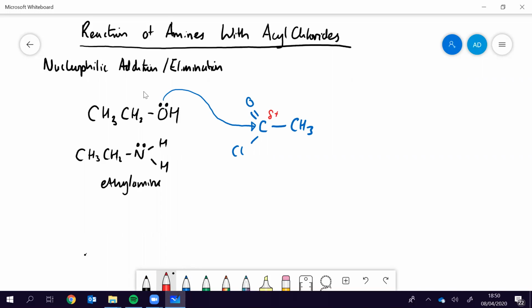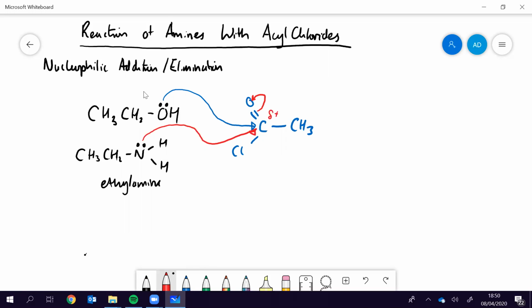In the case of the amine, the nucleophile is the lone pair on the nitrogen this time, going to attack that carbon there. And in both cases, once they form a bond with that carbon, you're going to break the pi bond. So the mechanism between an amine and an acyl chloride is extremely similar to the reaction between an alcohol and the acyl chloride.